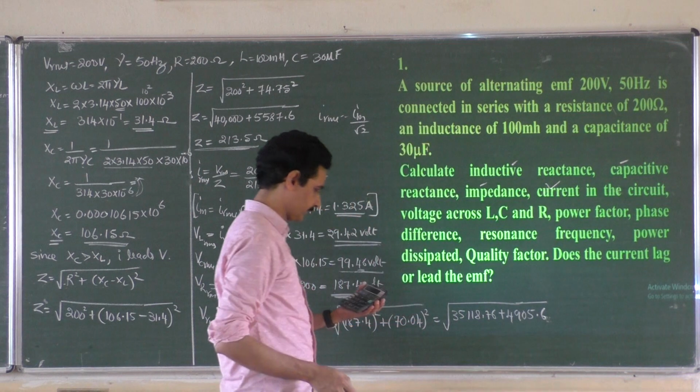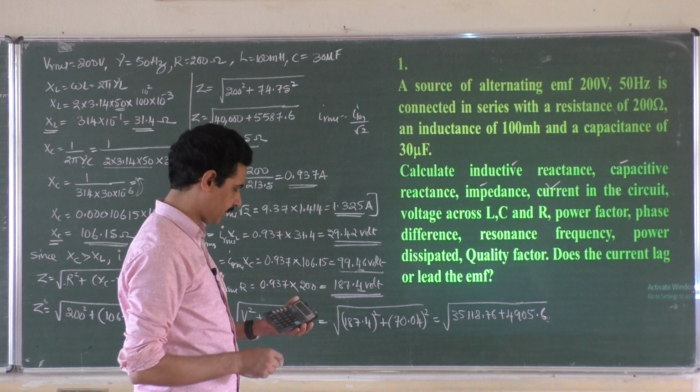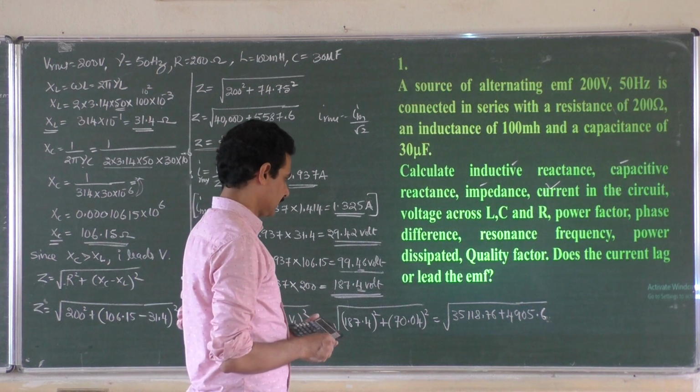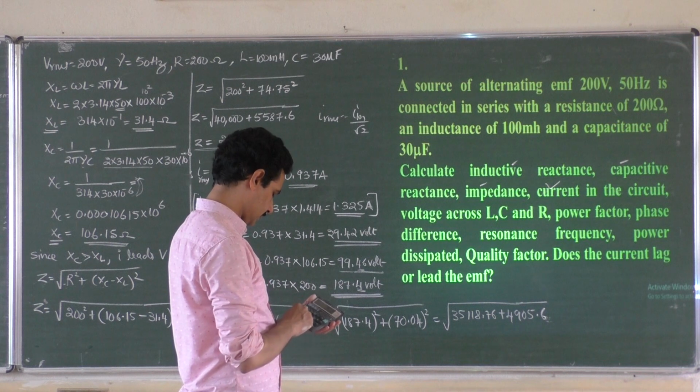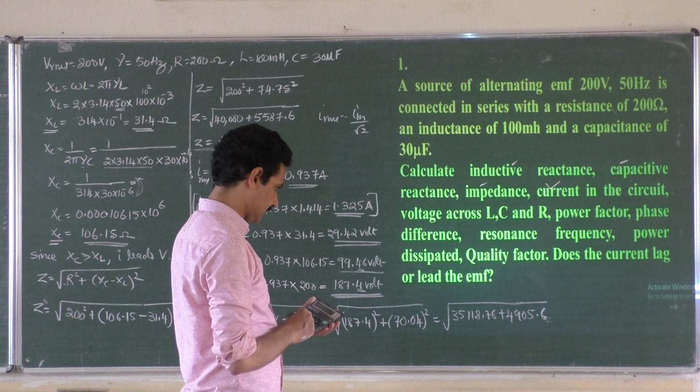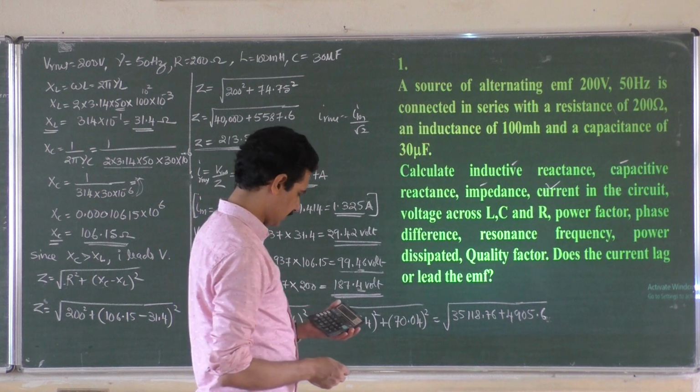Square root of 35,118.76 plus 4,905.6 is 200.06.